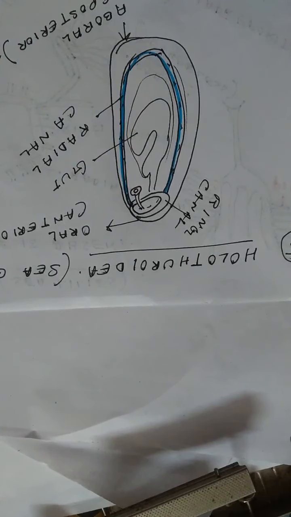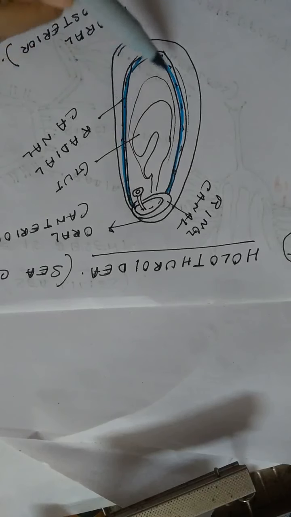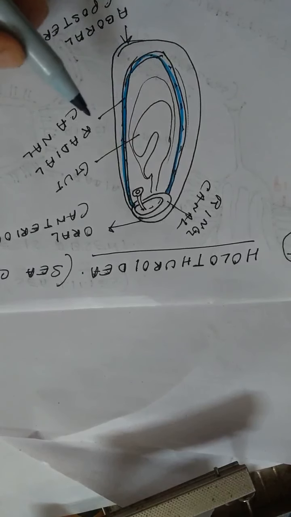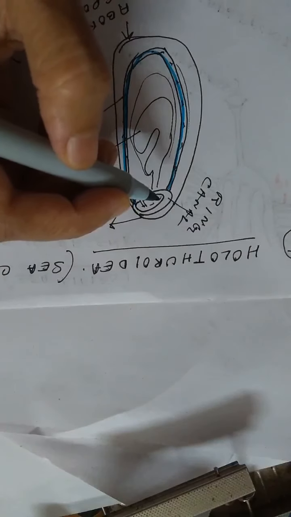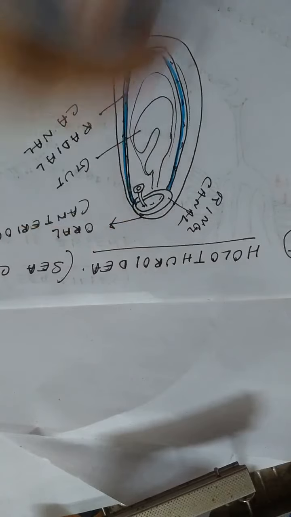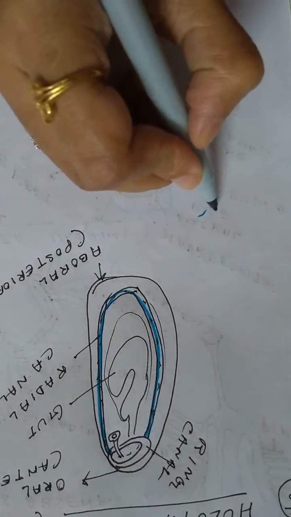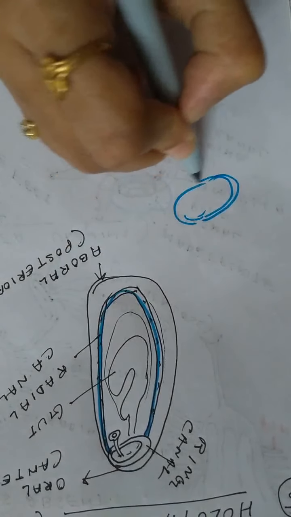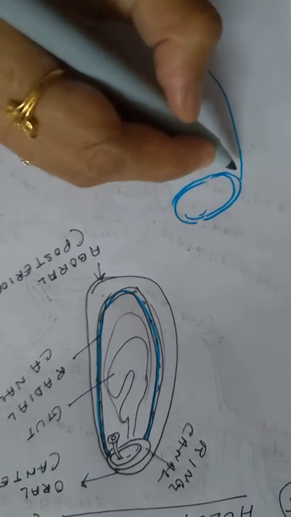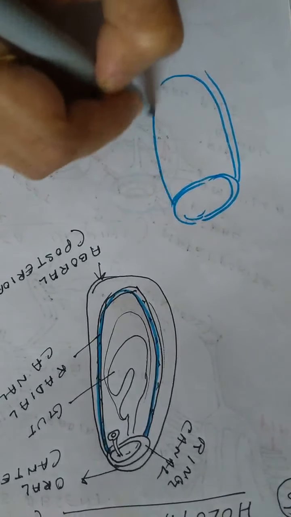In each case, this radial canal, I'll just do a separate diagram for this, starting with this ring canal and the radial canal.